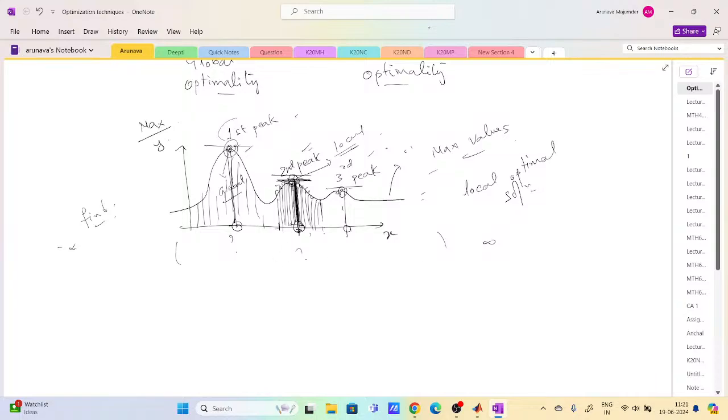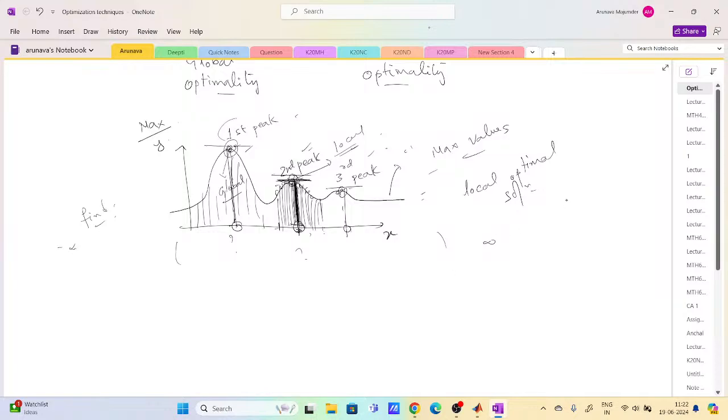In the case of the derivative or proper mathematical method, you can get every point, then find the second derivative, put all those points into the function, and find which one is the global.